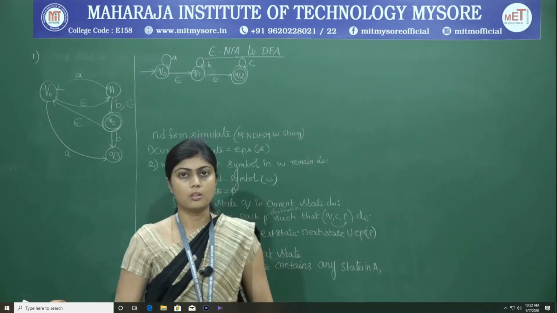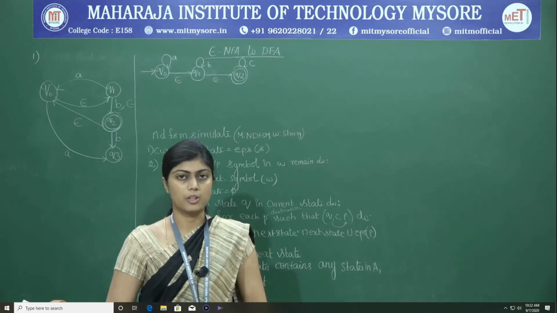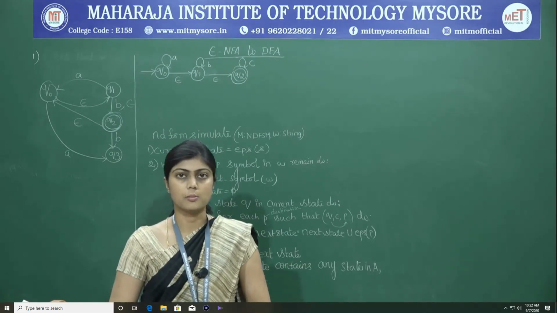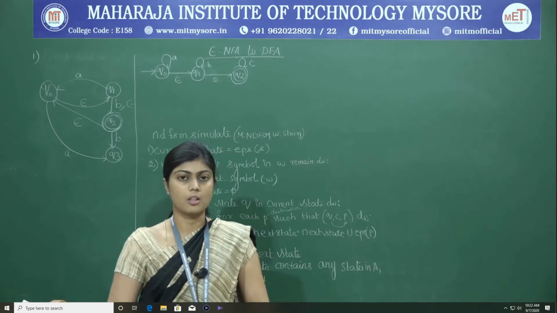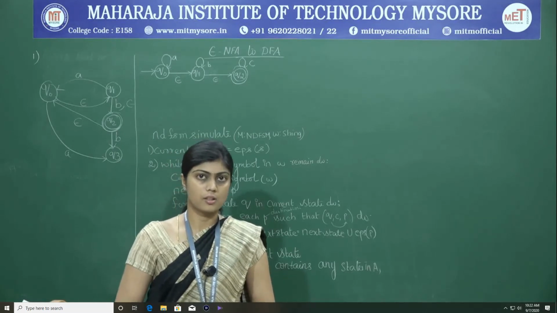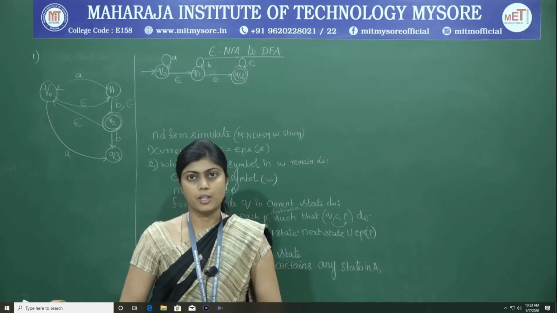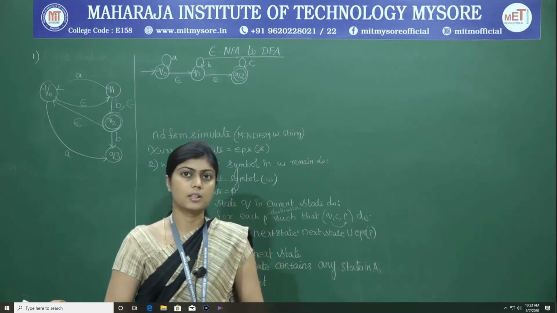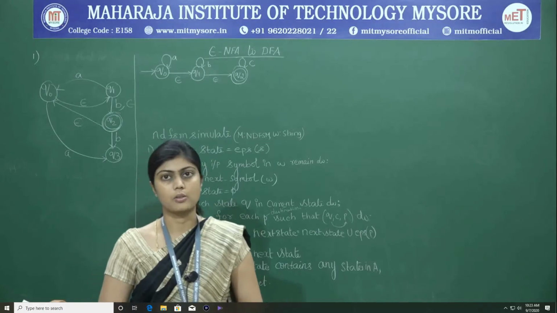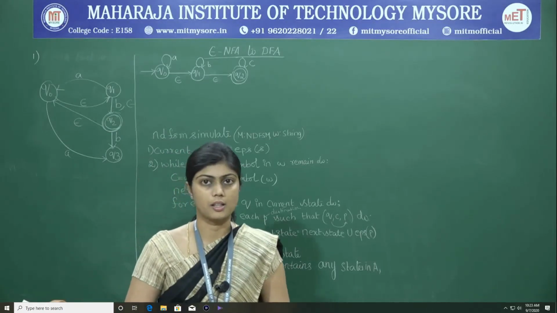Now we will move on to see how to convert a given epsilon NFA into a deterministic finite state machine. So there is an algorithm that converts the epsilon NFA into a DFA, but before we do that, we will have to learn a subcomponent, that is to find out the epsilon closure of any state.